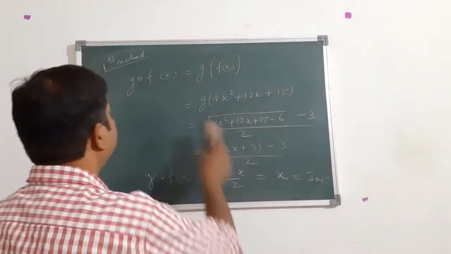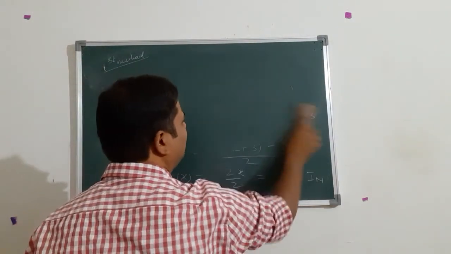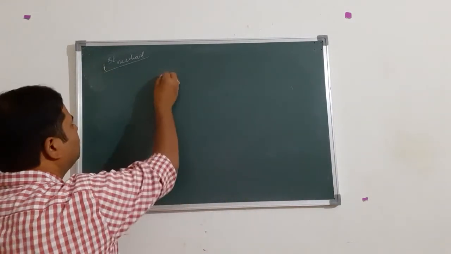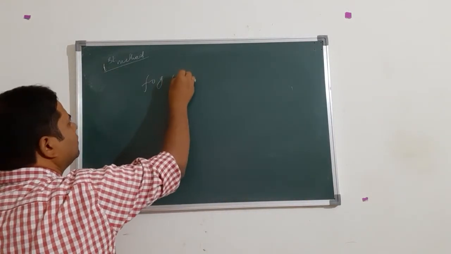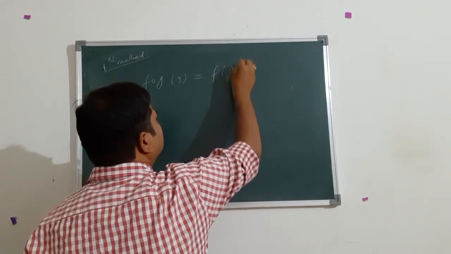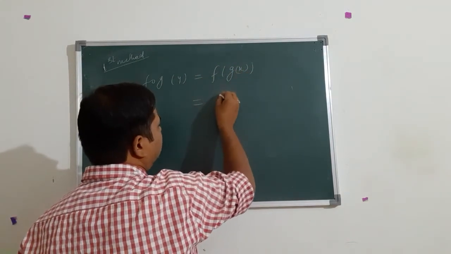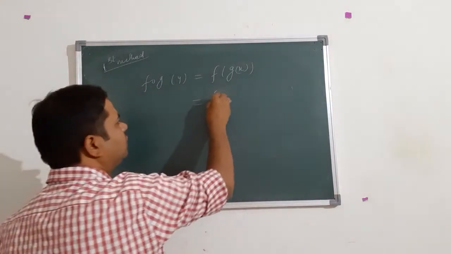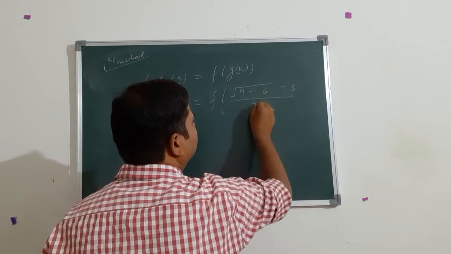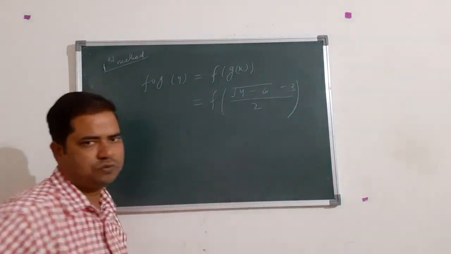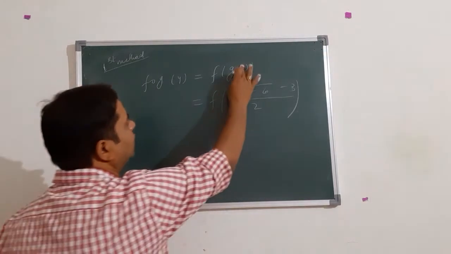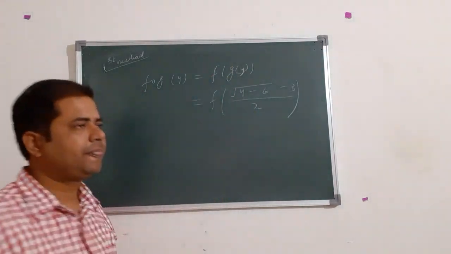Now see g∘f(y). This is nothing but f(g(y)), and you know g(y) is (√(y − 6) − 3)/2.